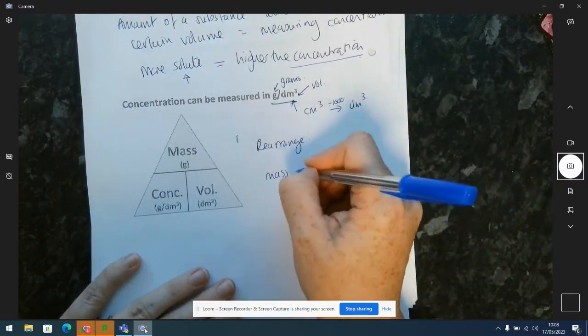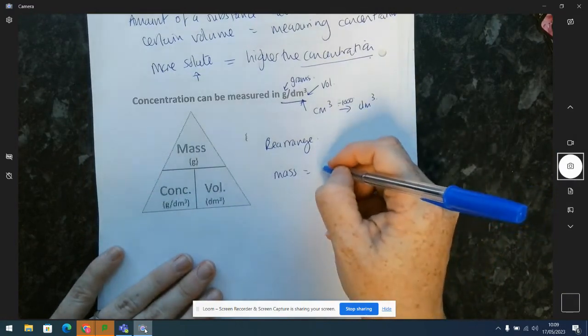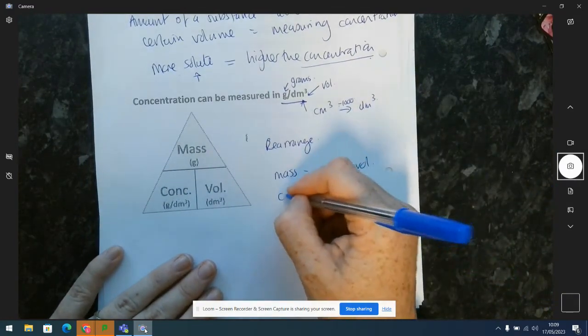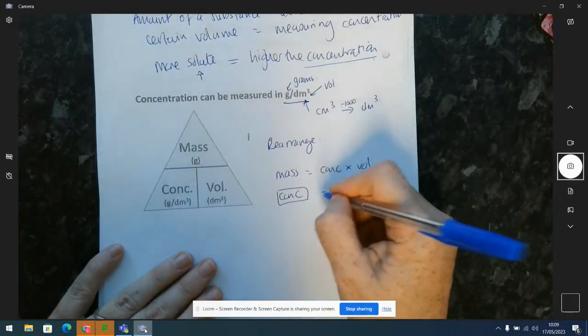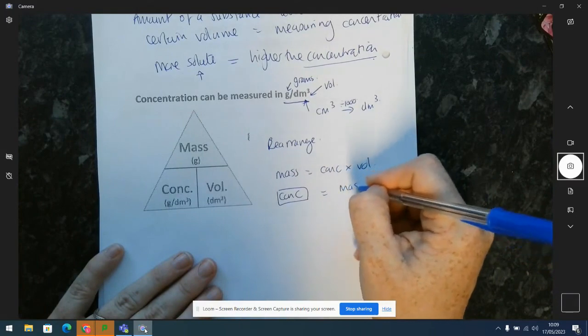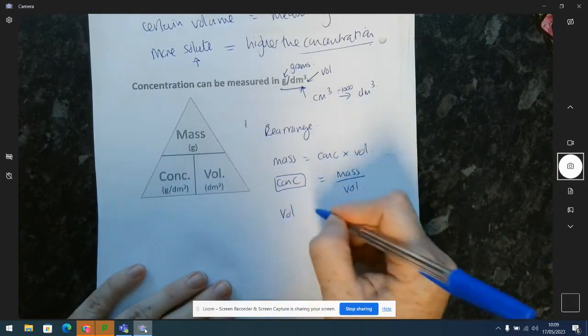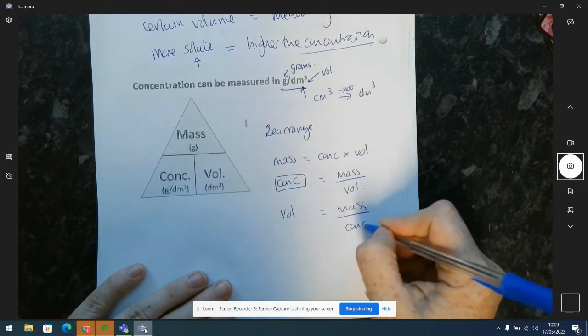If I'm asked to work out the mass of a substance within a specific concentration, I would do concentration times volume. If I'm asked to work out the concentration, which is often the one you are asked, then you would do mass divided by volume. And the final one is volume, which would be mass divided by concentration.